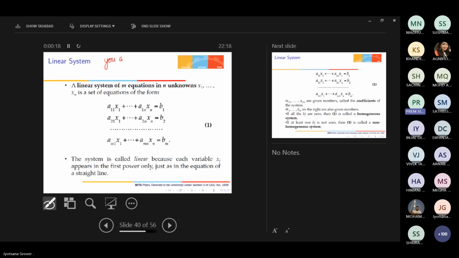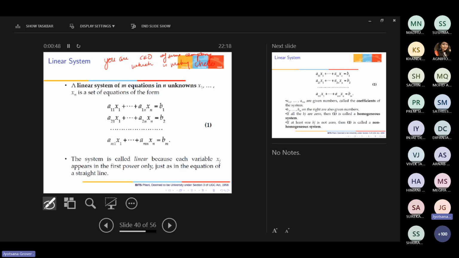Now suppose you are the CEO of some company and you want to maximize your profit. But at the same time, you should optimize your resources. Suppose your company is making chocolates.